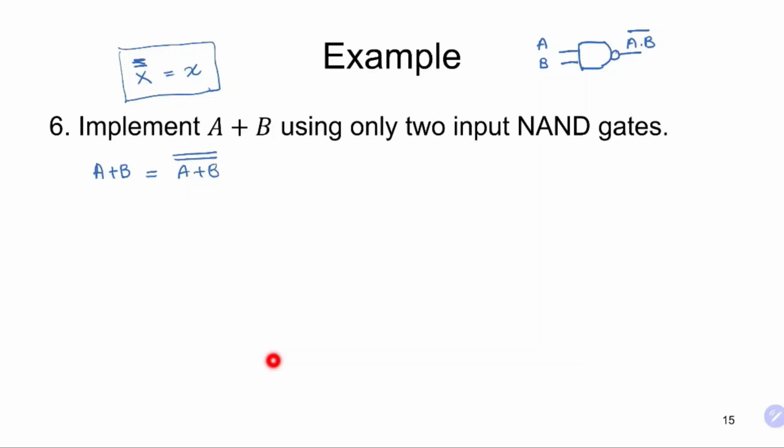Anyone don't agree? And now we can apply De Morgan's. We can break this bar. The top one we keep, so the top bar, we're not doing anything with it. The bottom one, we break it, and then we change the operator. That's De Morgan's.